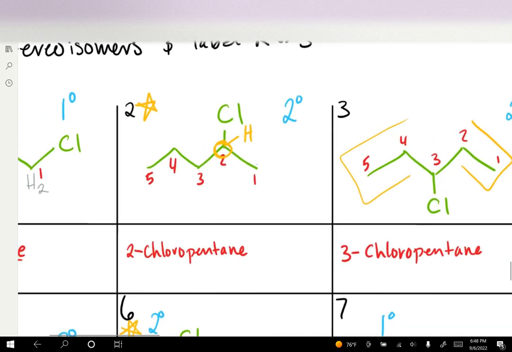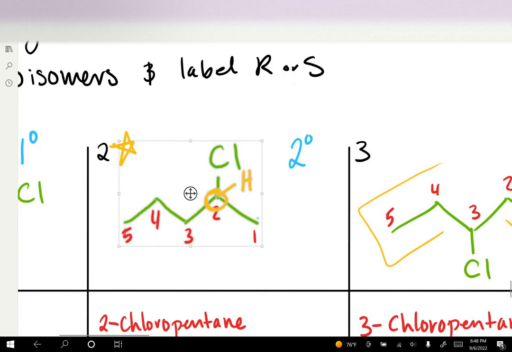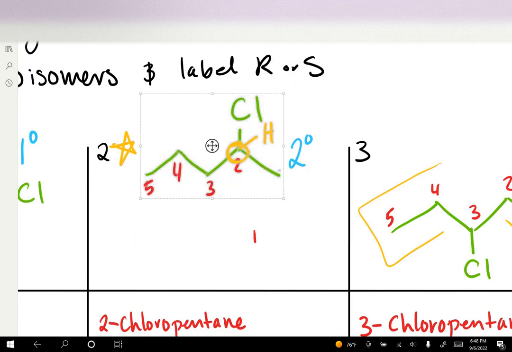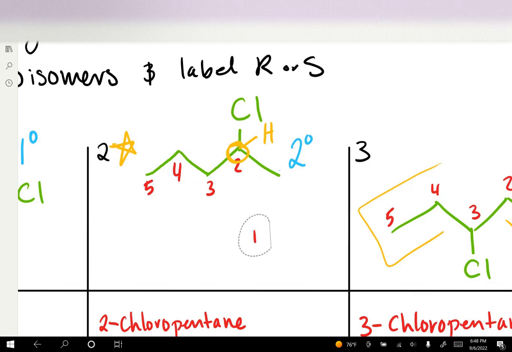Now we need to draw our stereoisomers. So I am going to scoot this structure up here. I can keep this. Oh boy. I'll just rewrite it. I'm going to keep the 1 just for having it.